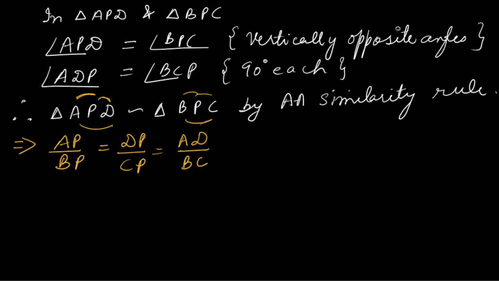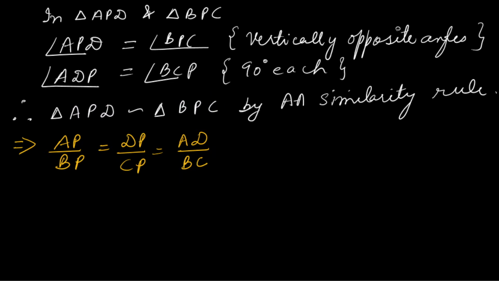This is how you have to write the corresponding sides. If two triangles are similar, then the ratio of corresponding sides is equal. How to find the ratio of corresponding sides? AP's corresponding side is BP, PD's corresponding side is PC, and AD's corresponding side is BC. So like this easily, but for this the names of the triangle should be written correctly.